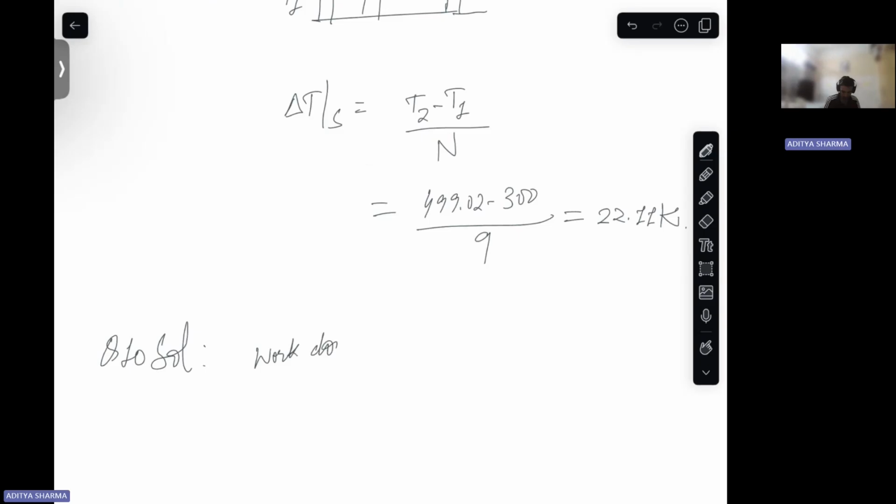Work done per kg, per m dot, you can write this way.